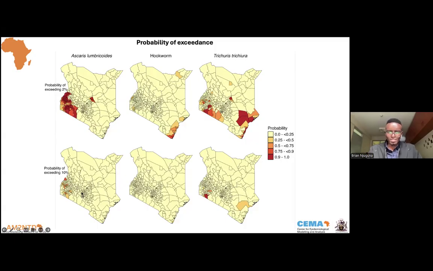However, it's good to know that at 10%, which is the WHO's threshold, we had fewer areas that had a higher probability of exceeding it. Especially for Hookworm, we didn't have a high probability of exceeding this 10%, and mostly it was between 0 to 0.25%.